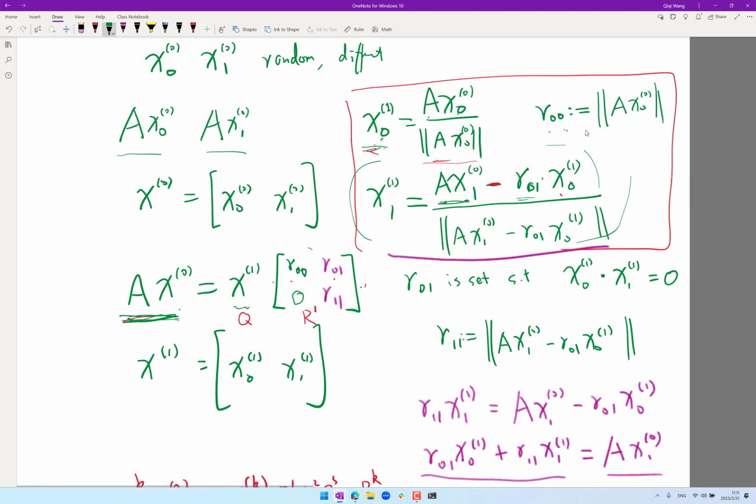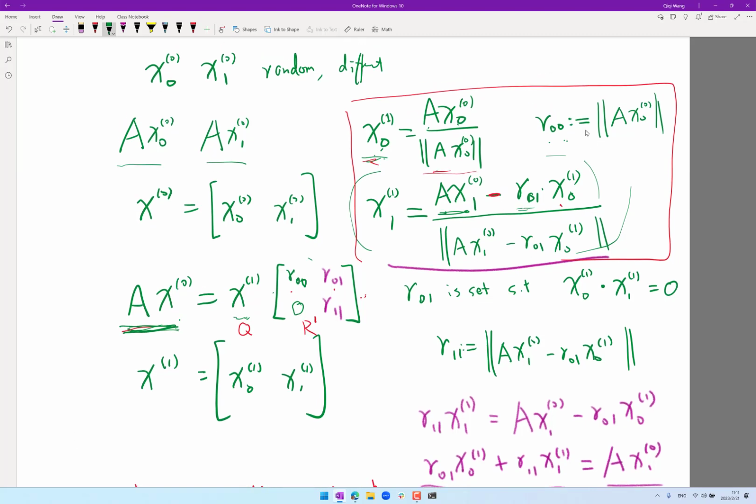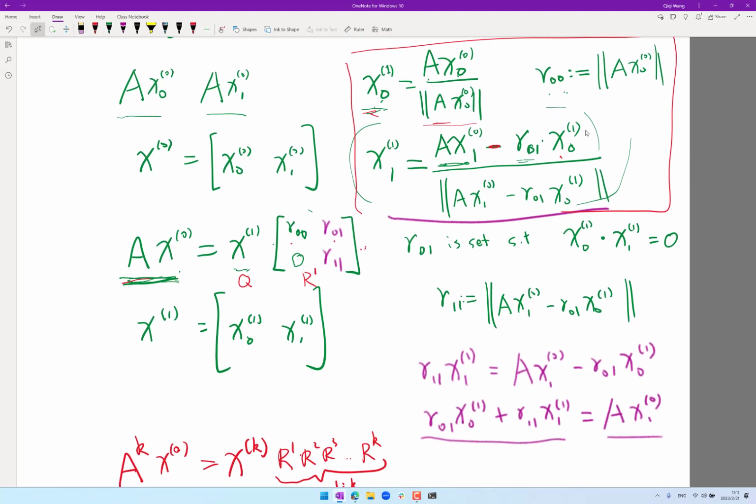This is equivalent to multiplying the vectors by an upper triangular matrix to make the new vectors orthonormal. Then we get two orthonormal vectors x1, and we can proceed again, multiplying A with x1 and using another 2x2 upper triangular matrix to make the new product orthonormal again.